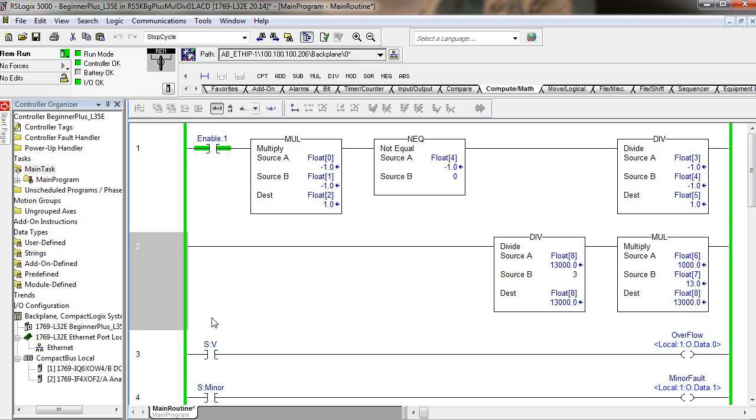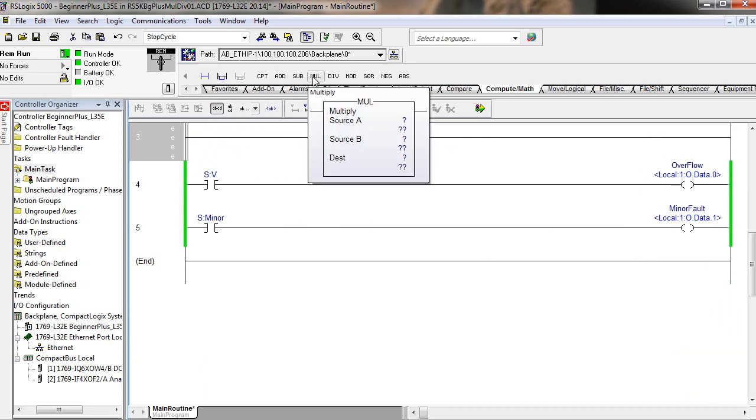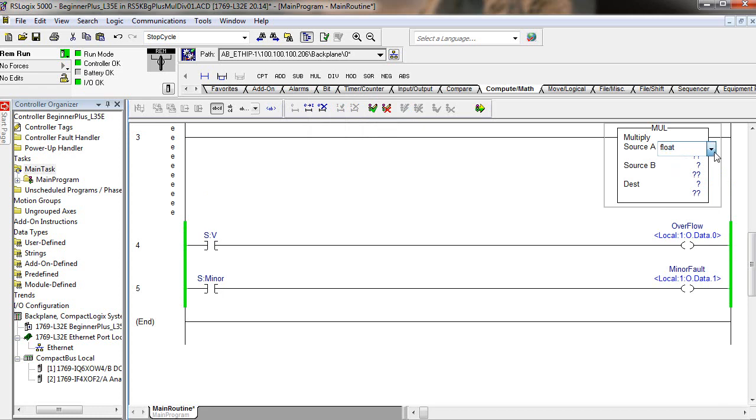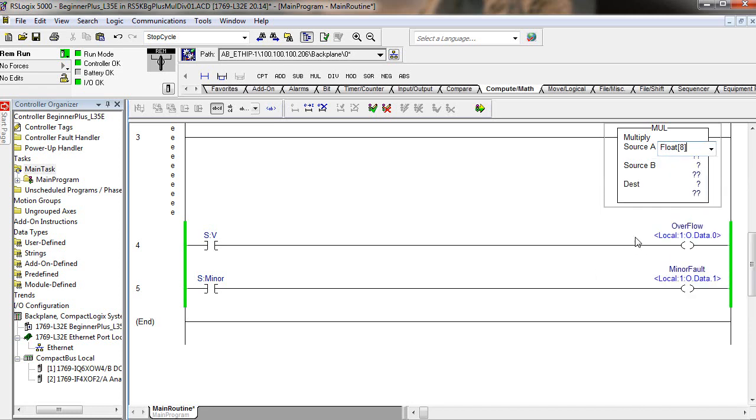Now, if I add another rung, this wasn't in the manual, I'm just playing here. So I'm going to add another rung underneath of this one, and I'm going to multiply float 8 by 2. And I'll put it in float 9 since we're not using that.